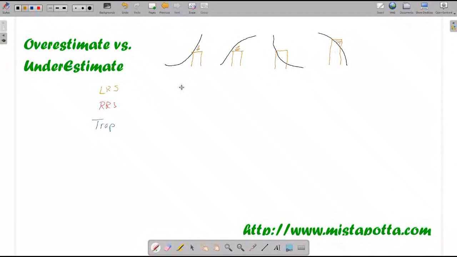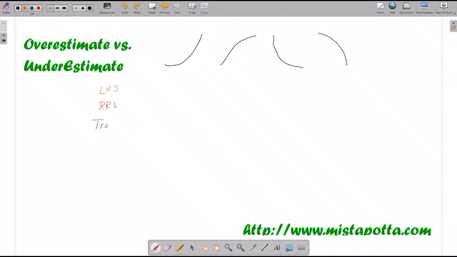So that means that it is an underestimate when I'm increasing and an overestimate when I'm decreasing. So that brings up some interesting things. Let's go ahead and compile this in a more clear format.